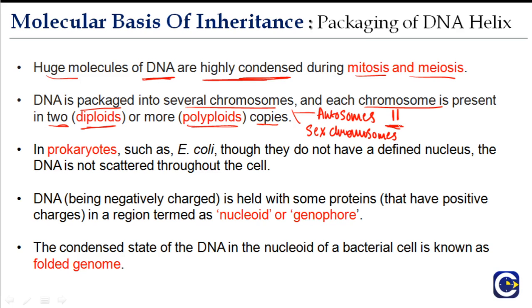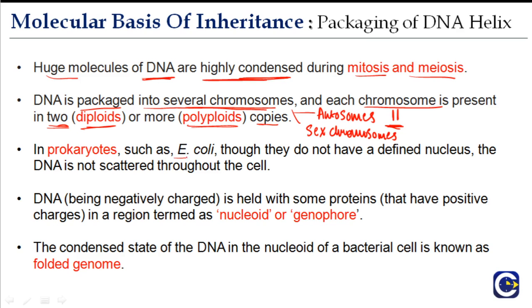Condensed basically means it has gained space, so the DNA can now occupy the same length in a lesser space. It is not that long anymore, and this is called a chromosome. So DNA is packaged into several chromosomes, and each chromosome is present in 2 (diploid) or more (polyploid) copies.